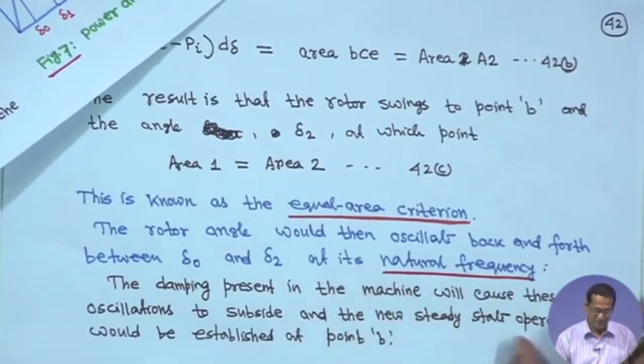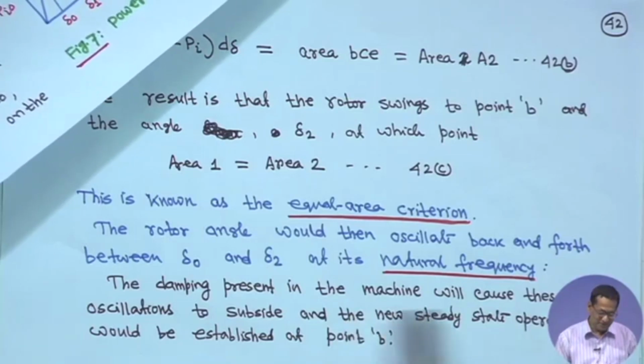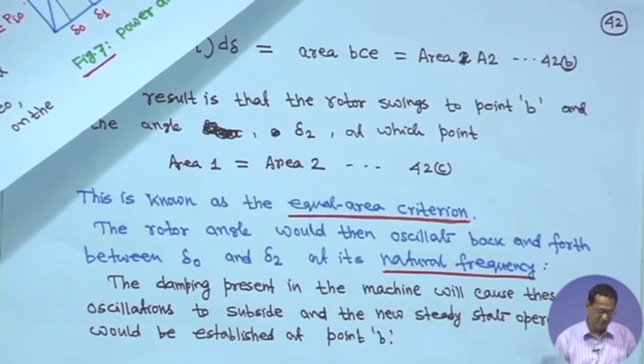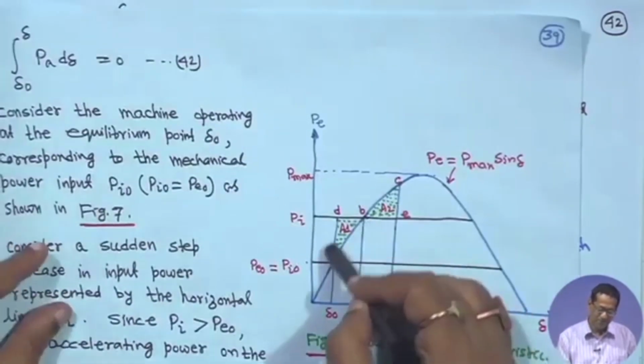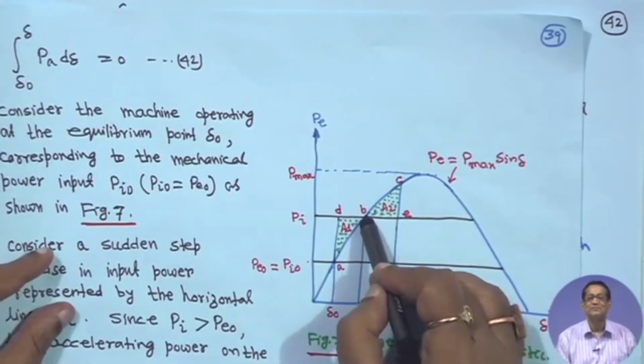The damping present in the machine will cause these oscillations to subside, and a new steady state operation would be established at point B. After some time it will oscillate back and forth, finally it will be stable at this point B.